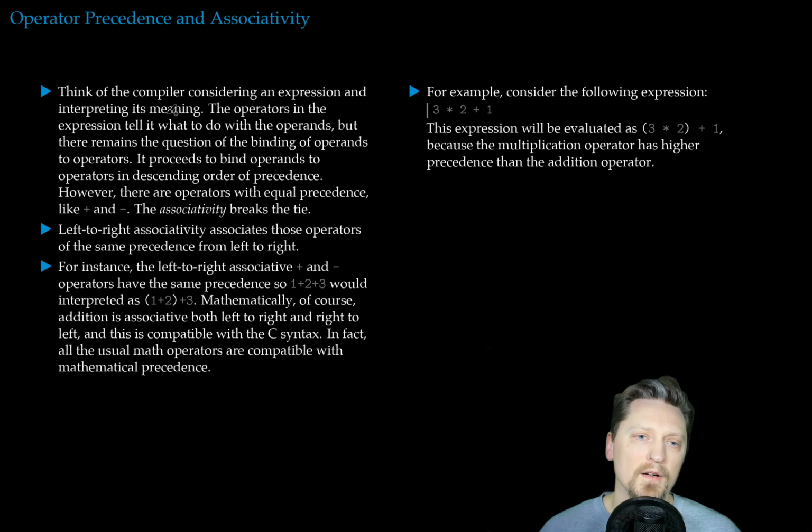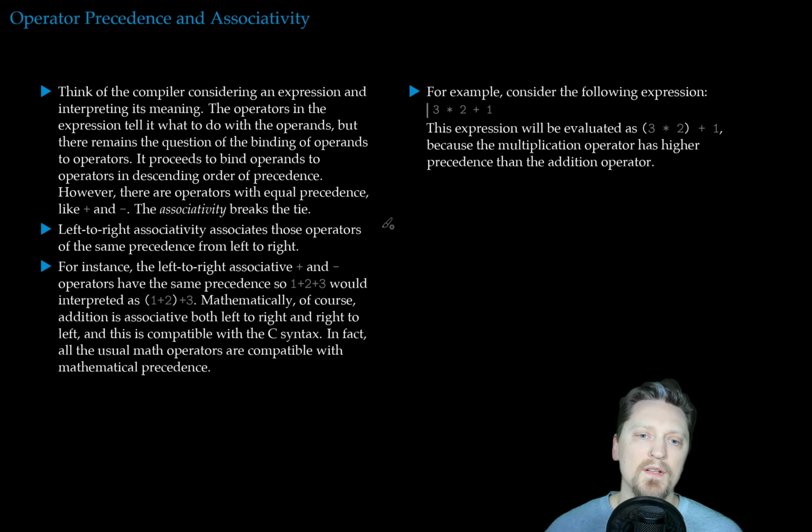The operators in the expression tell it what to do with the operands, but there remains the question of the binding of operands to operators. It proceeds to bind operands to operators in descending order of precedence. However, there are operators with equal precedence, like plus and minus. The associativity breaks the tie.